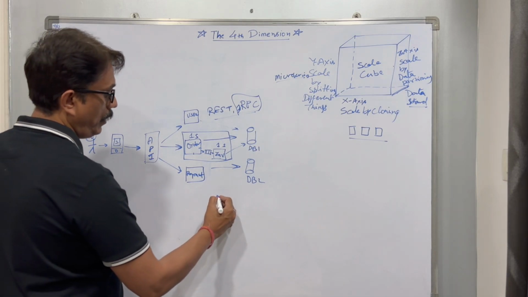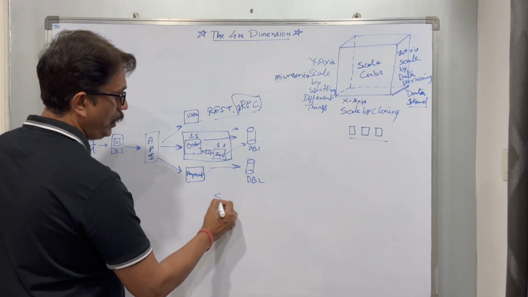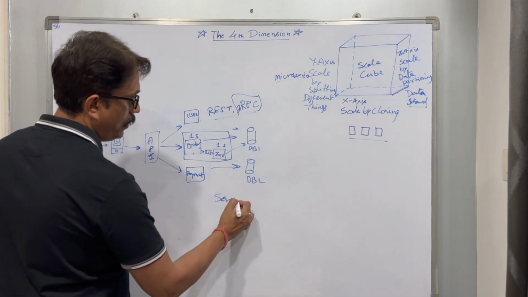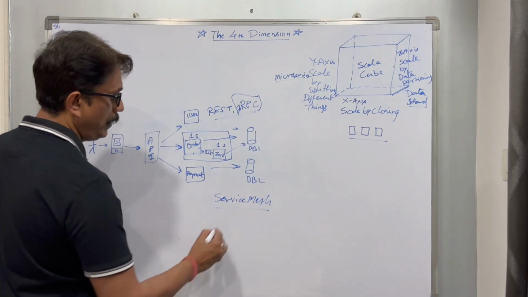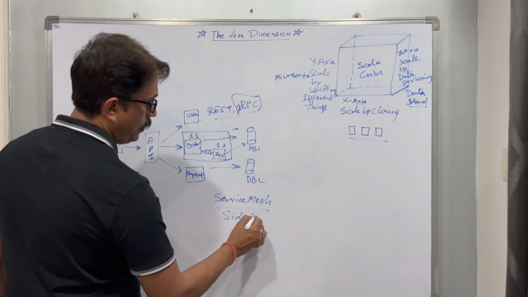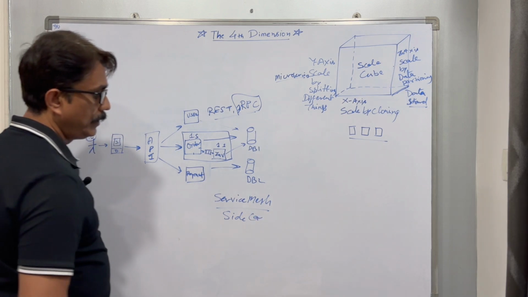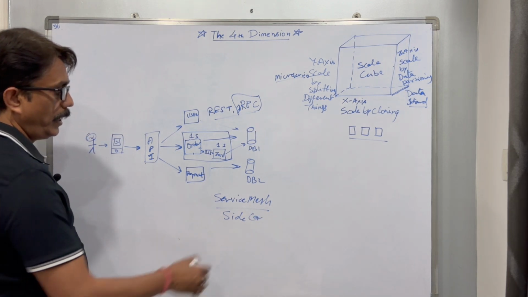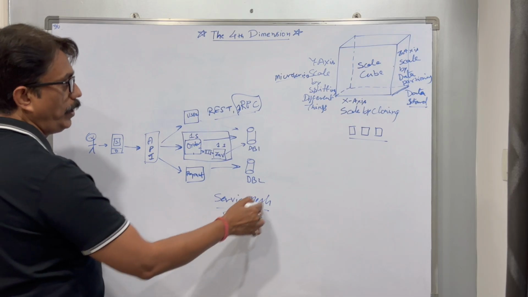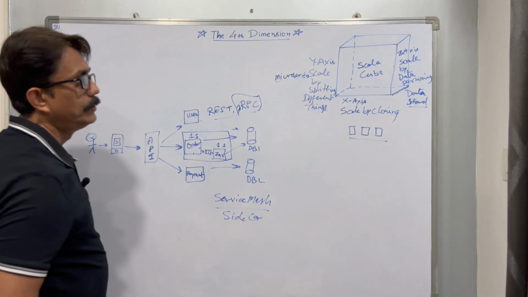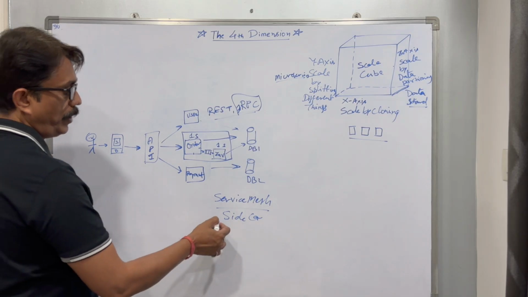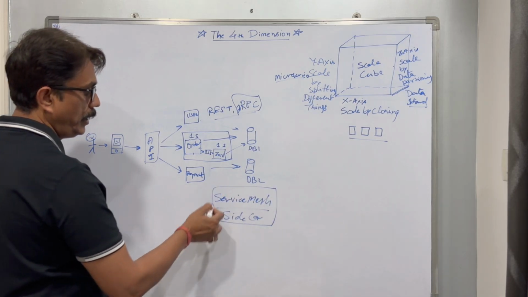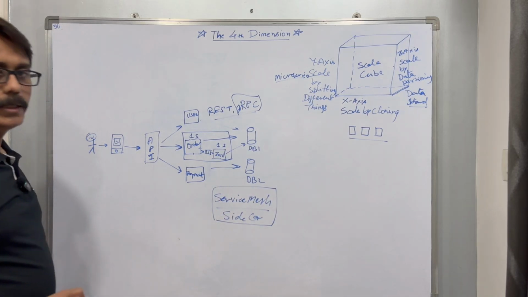Another aspect is if we are using a service mesh, like the sidecar pattern. There also we will not be using any of these options, but we can increase the scalability of our entire microservices implementation by using the service mesh.